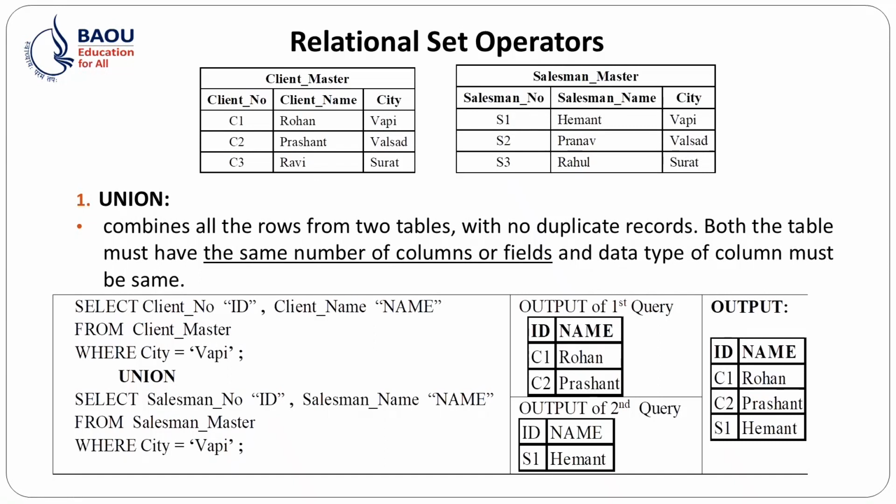The output of the first query is C1 and C2 and the output of the second query is S1, whose city is VAPI. So the union combines both results together and the final output of the union is C1, C2 and S1.